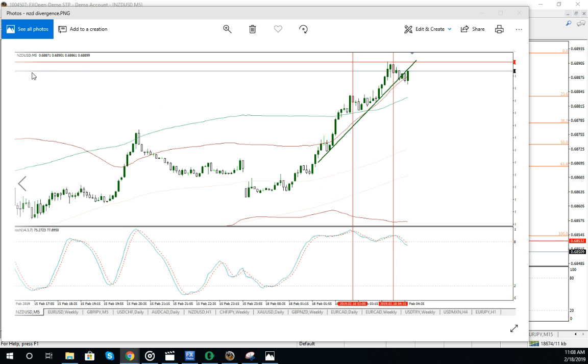But anyway, this is a 5-minute chart of the New Zealand dollar US dollar pair, and there was a trend break here and a close, and I just happened to notice that this stochastics here, they made a new high, then the price made a new high, but the stochastics didn't, and they started turning lower. And I think this is a pretty good example of divergence.